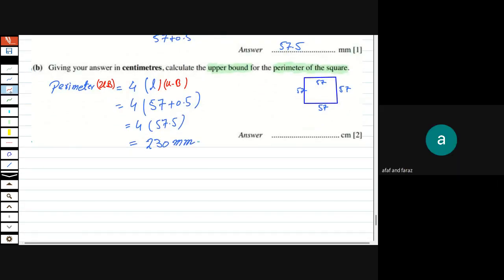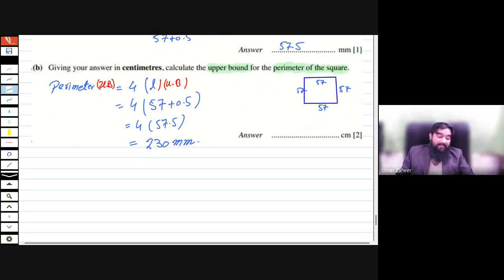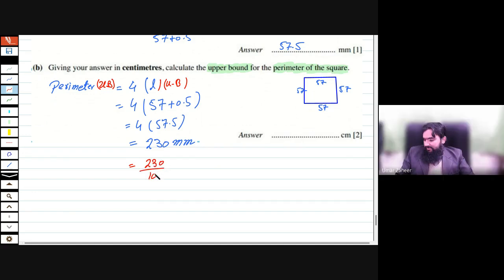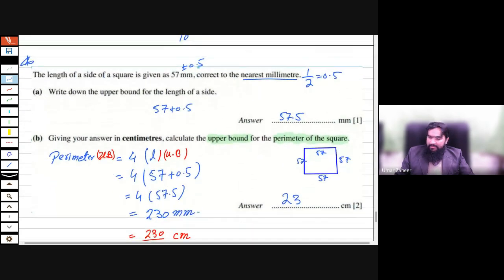Do we divide by 100? You are moving from millimeter to centimeter, so it is divided by 10. Divided by 10 to be converted into centimeters, so it will be 23 centimeters. So 23 centimeters is the perimeter of the given square.